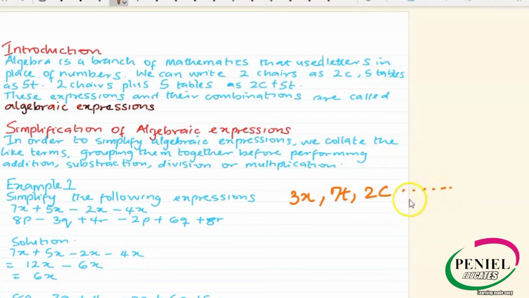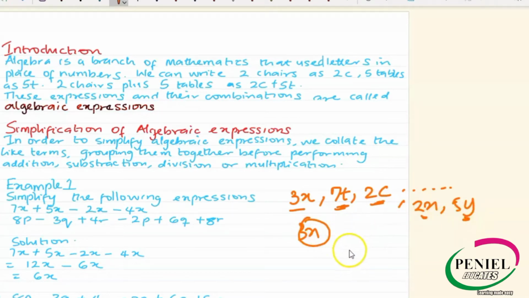So all of these, we call them algebraic expressions. So the expressions that you see like this, 3x, 7t, 2c, or 2x, 5y, are called terms. This one, 3x, is in term x. This one is in term t. Also, this one is in term y. Term c. This in term x. This in term y.